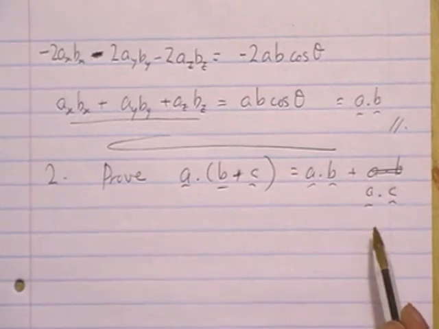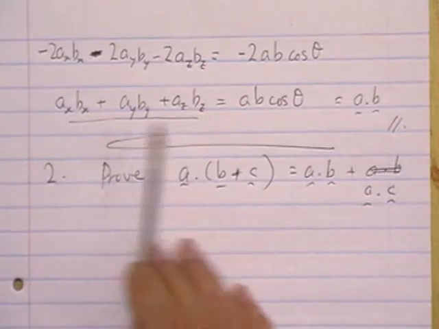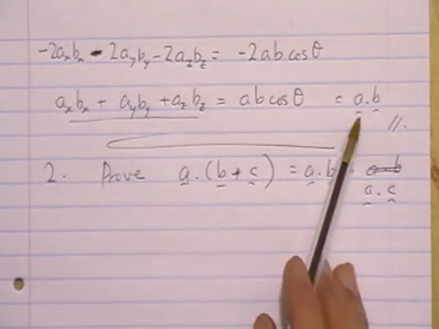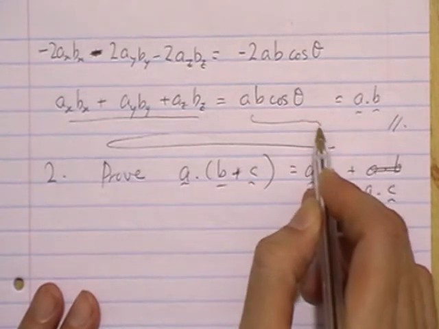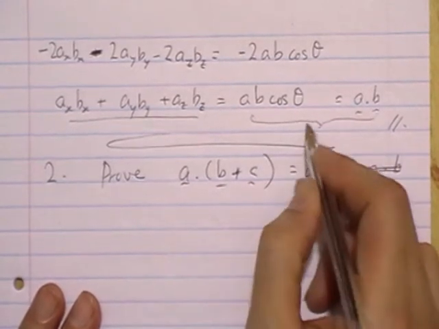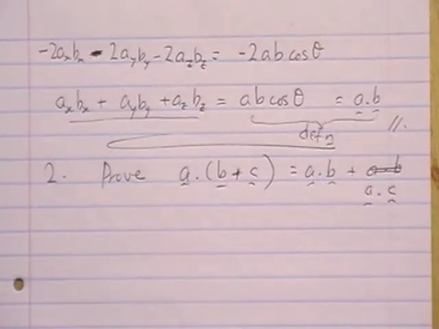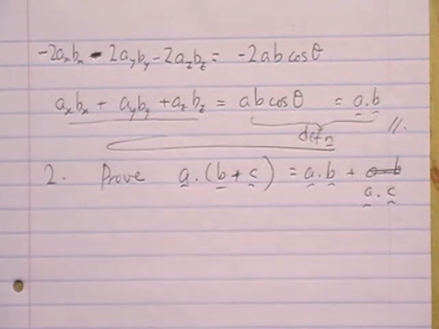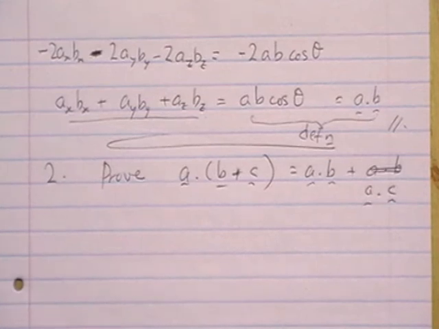At the moment, apart from what I've proven for number 1, which we know is correct now since we have proven it, the other thing that we know is the definition of the dot product. So this is what I'm going to use. I'm going to start from the definition again and try to prove this.